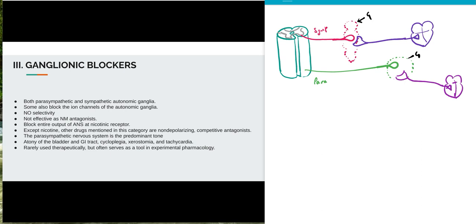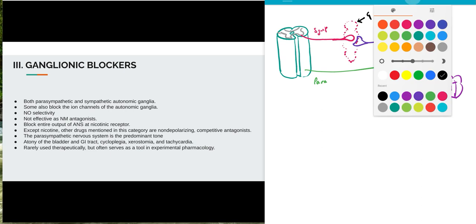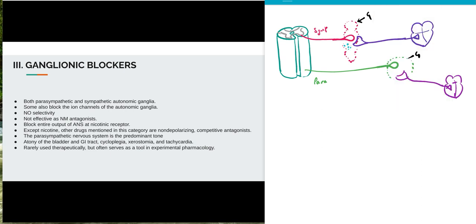Okay, so what do they block? First of all, the presynaptic neurotransmitter, if you can recall, is always acetylcholine. Whatever neurotransmitter is here, same neurotransmitter will be here also. Yes, sir. So this one is acetylcholine.